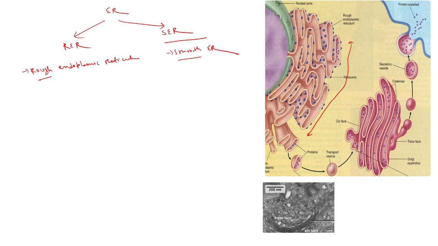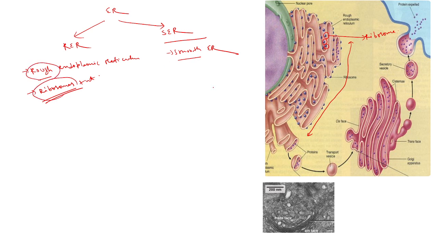In this structure, a blue-colored structure is present like this, and these are called ribosomes. So in the rough endoplasmic reticulum, the ribosomes are present. Because of the presence of the ribosomes, it is rough.